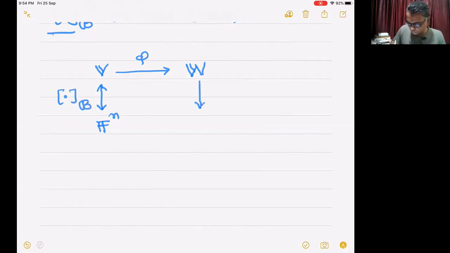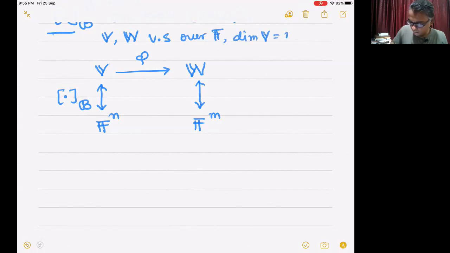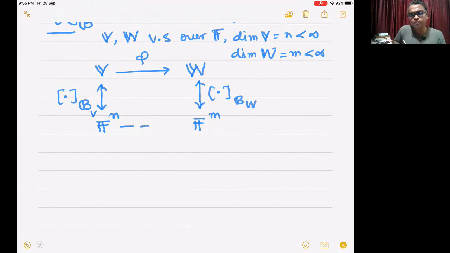Similarly, between W and F to the m, which is the dimension of W. So V and W are vector spaces over the same field F, dim V is equal to n, which is less than infinity, and dim W is m, which is also finite. So they're both finite dimensional. Let me call this B_V, and this is B_W, right?